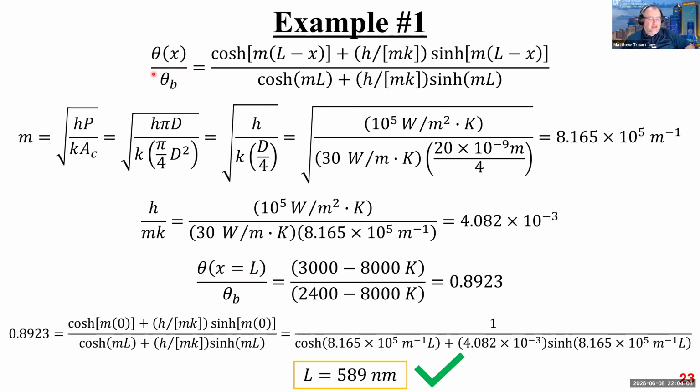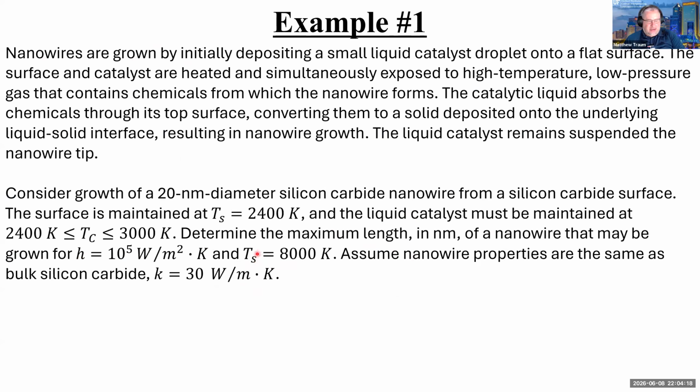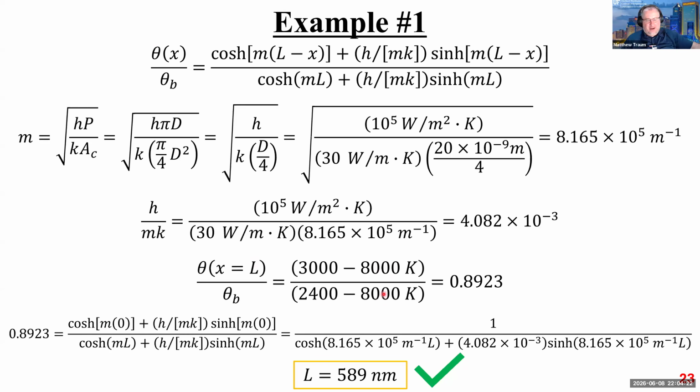So this is the temperature difference between the tip of the fin and the ambient environment, and then the base of the fin and the ambient environment. And yes, I was right. The T infinity, the ambient environment, is in fact 8,000, right? So remember here, I said there was a typo. This should be T infinity. Yes, I've just confirmed that it should, in fact, be T infinity. And so that ratio of thetas is just 0.8923.